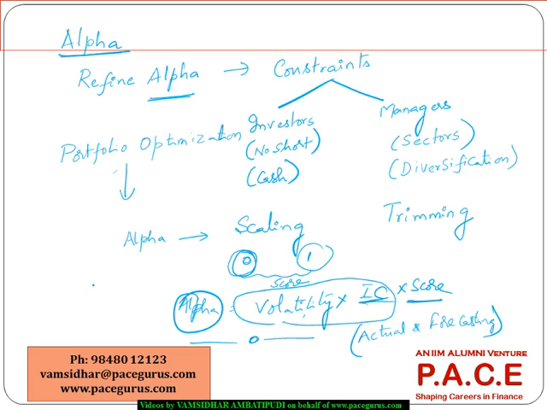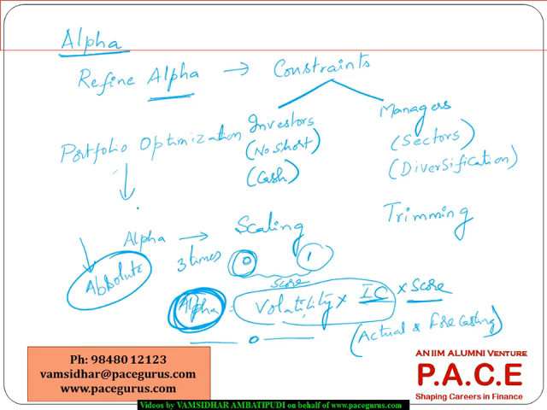Whatever alpha came from the scale value would be compared with the absolute values of the alpha. Now, if the absolute value is more than 3 times that of the scale, we will either try to reduce our weightage in those particular securities or try to remove them, because there is some kind of abnormality with that data.